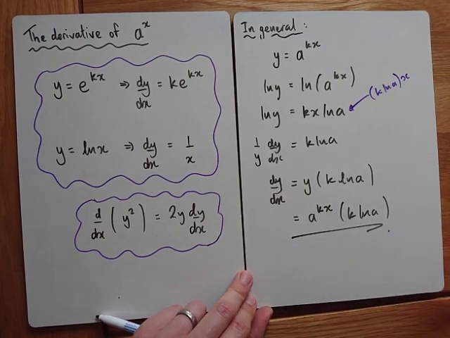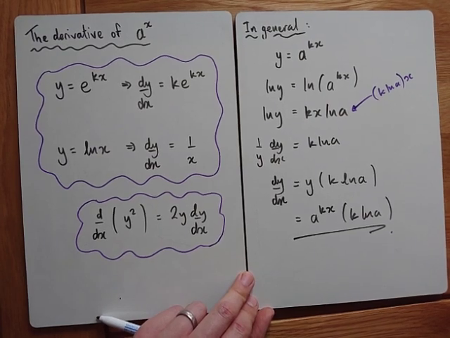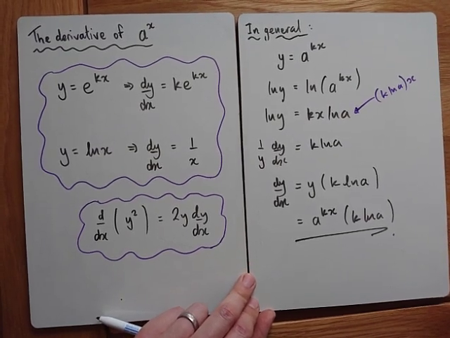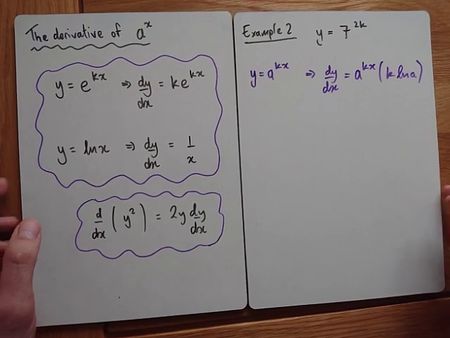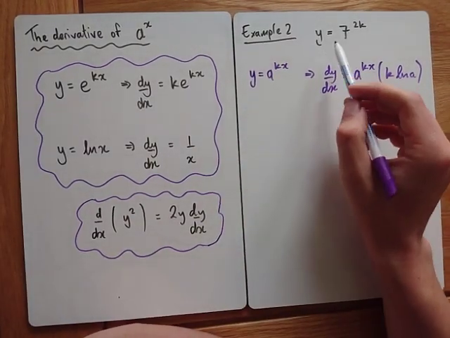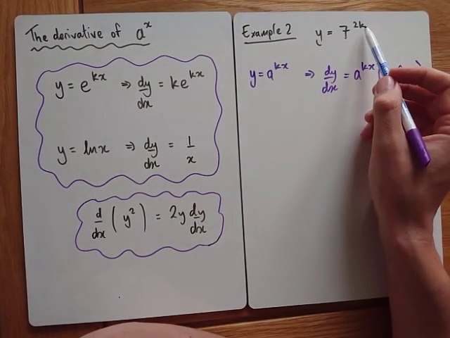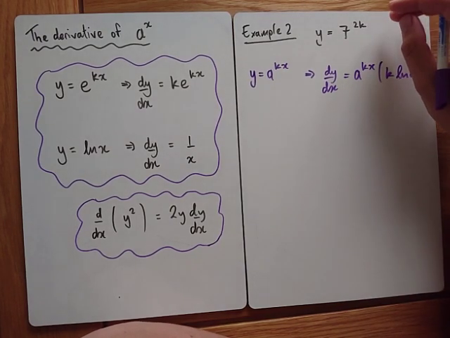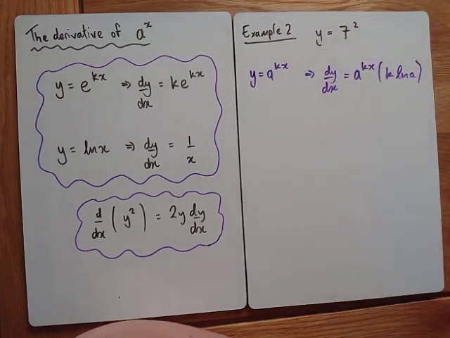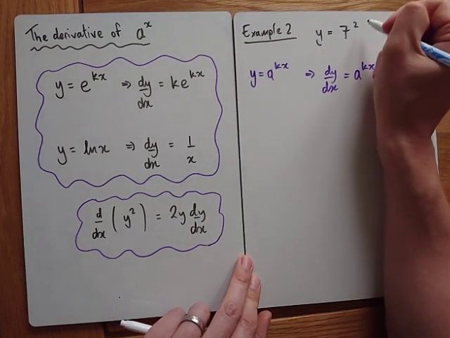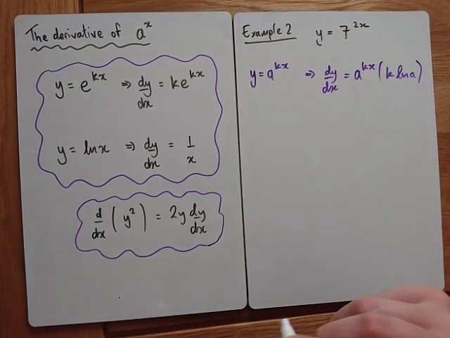We'll do one more to finish, to use that result, and then it might make you feel a bit better about it. Last example: y equals 7 to the power 2x. We can just use this result.